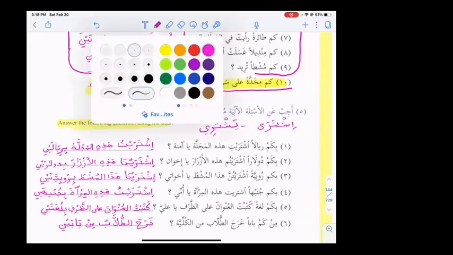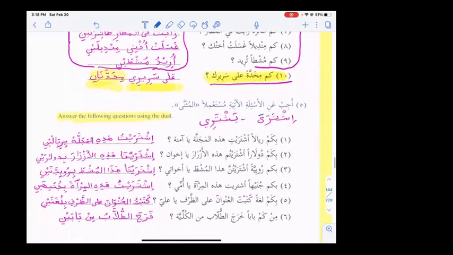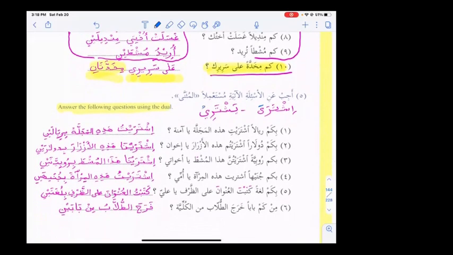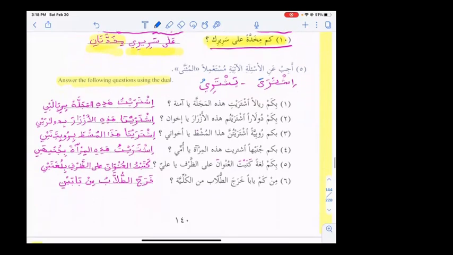Originally it is ishtaraya, and then yashtari. We don't put dhamma there. This is form 8, but I will show you next time, inshallah. So then we have riyalan, dularan, rubiyatan.